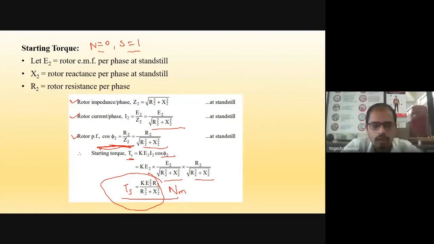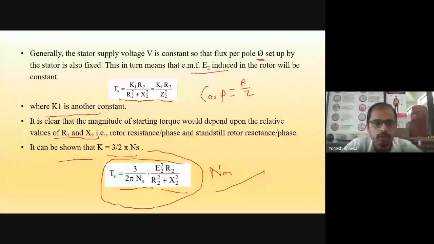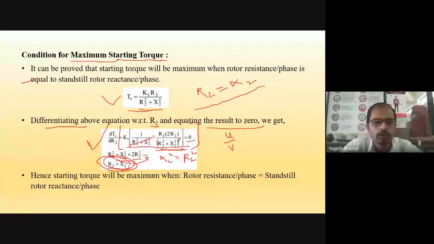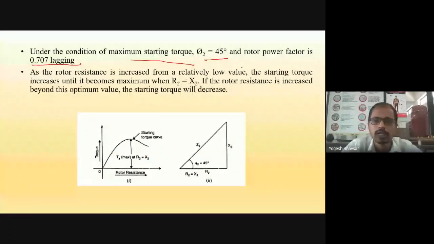And if we take the bracket outside the root, we get 2 times R2. So one R2 will get cancelled, so it will be 1 by root 2. So when we calculate that, it will be 0.707. So at that time, the angle will be 45 degrees.